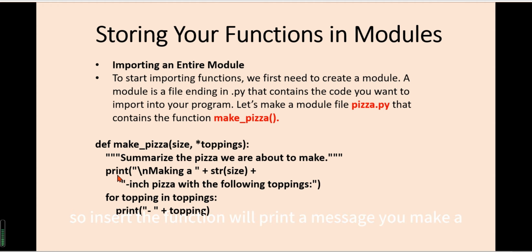Inside the function, we print a message: you make a pizza of the given size in inches with the following toppings. Then a for loop over the tuple toppings gets every element from this tuple and prints it out. So the message is, for example, you make a 12 inch pizza with the following toppings, cheese and other toppings if you want when you are calling the function.